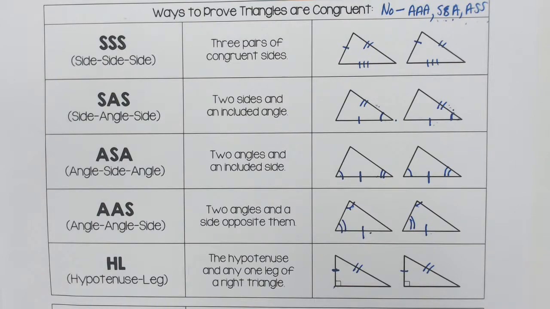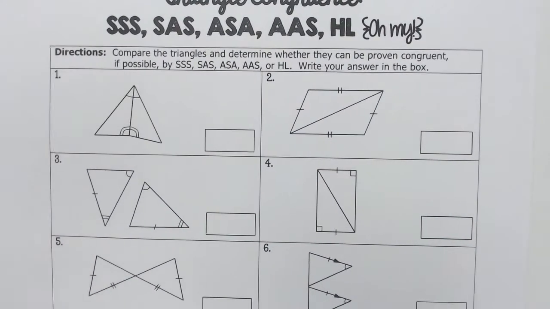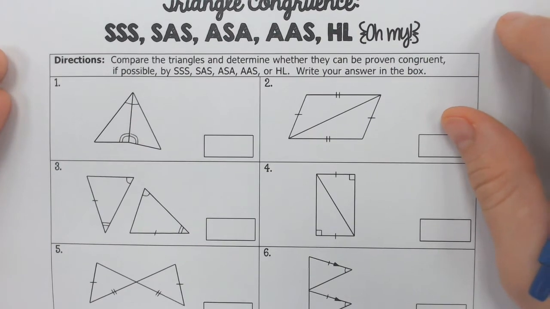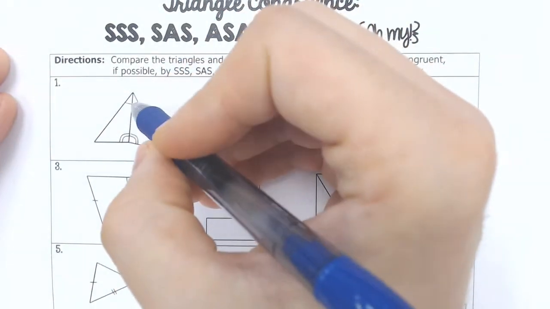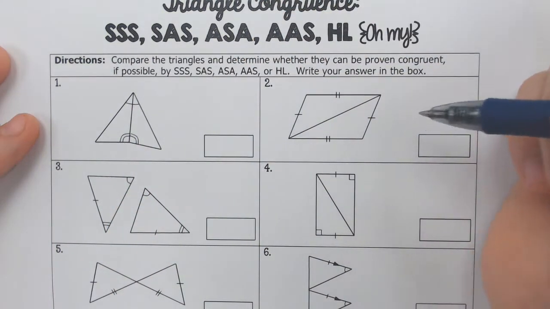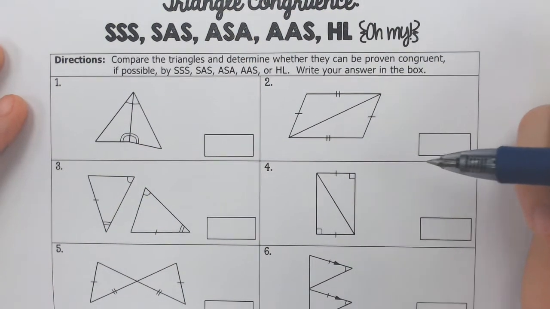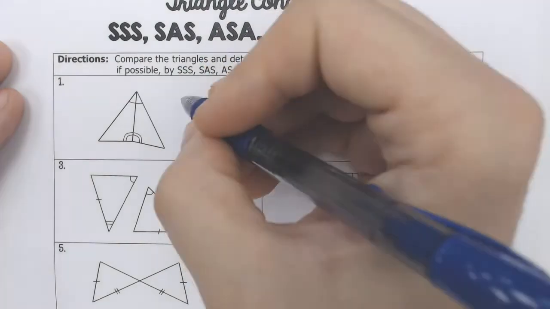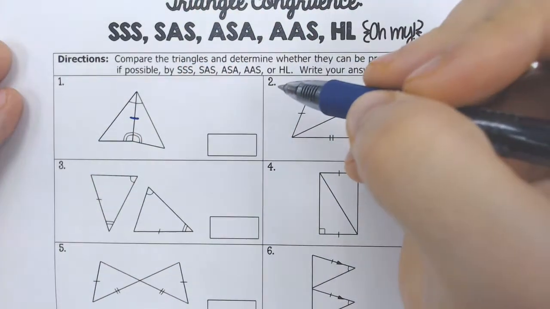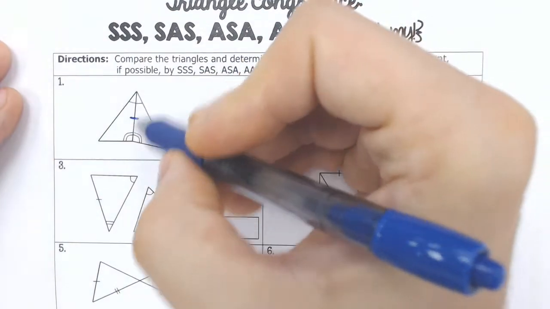So let's do a few practice problems. We got these over here that we need to do. Now in these problems we have to look for shared sides and look for vertical angles. Those are the 2 biggies. So here on number 1 we have a shared side right here. So we have to figure out, do we have 2 angles or 2 sides?